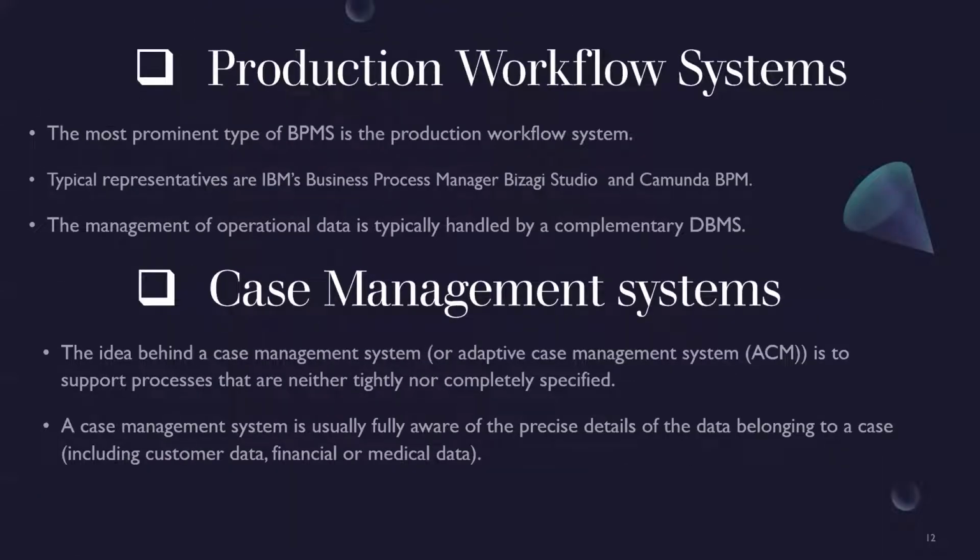Now, the next is the production workflow system. One of the most prominent types of BPM is the production workflow system. The typical representatives are IBM's business process management and others. In these systems, the work is routed strictly on the basis of an explicitly defined process definition captured in process models.